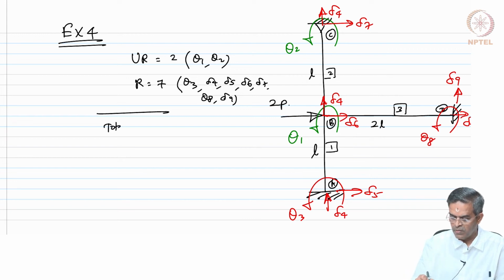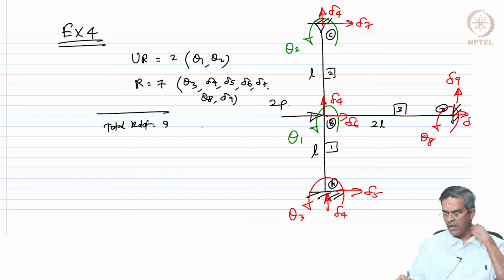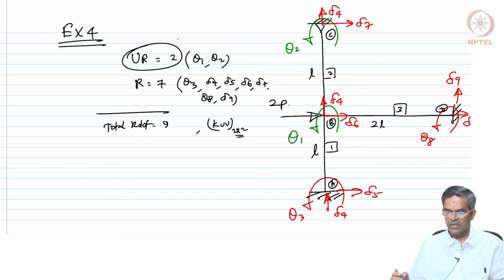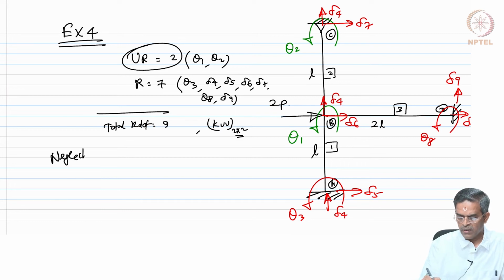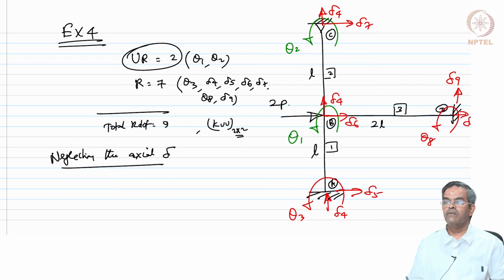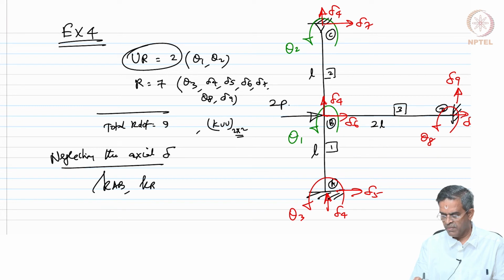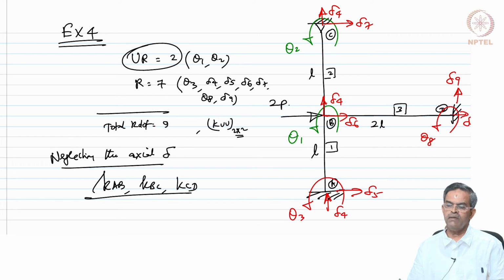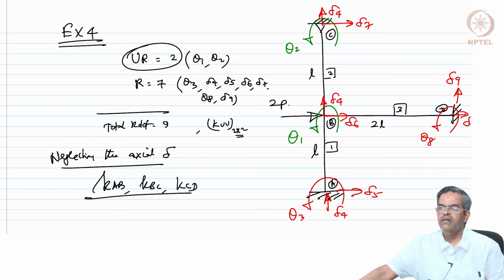So, the total kinematic degrees of freedom are 9 and KUU will be of size 2 by 2 because there are two unrestrained degrees, and remember we are neglecting the axial deformation. So, I can easily write KAB, KBC, KCD, assemble them and get KUU. That is what I am going to do now. Let us do that exercise very clearly, it is simple.